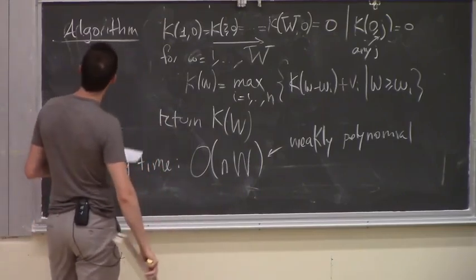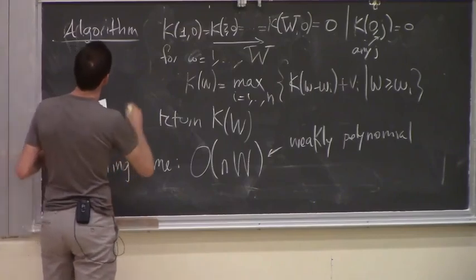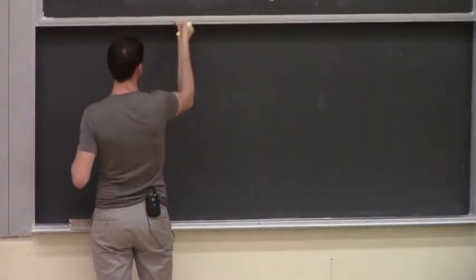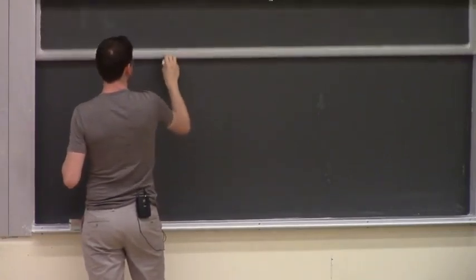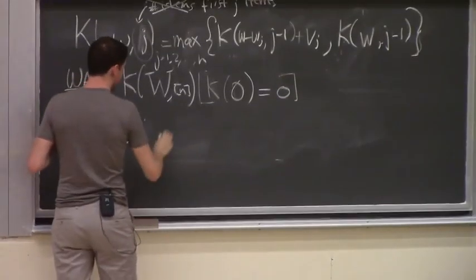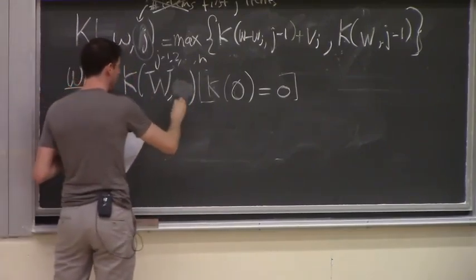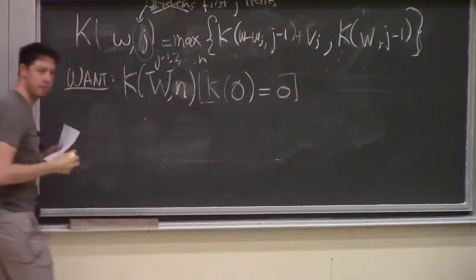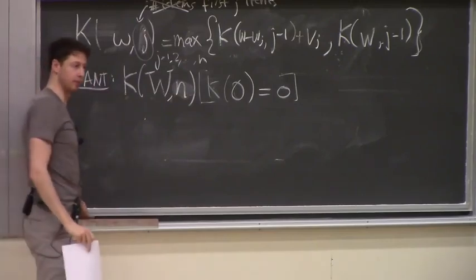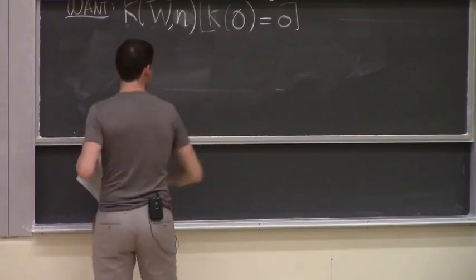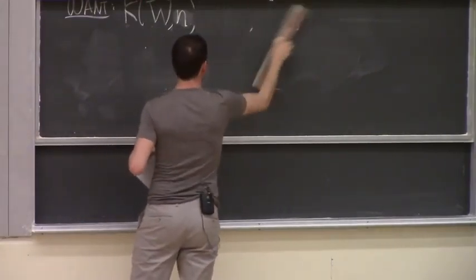Then, sorry, there's something I need to fix up there. What we want is K of capital W and N. And let me remove this one, which doesn't belong anymore.